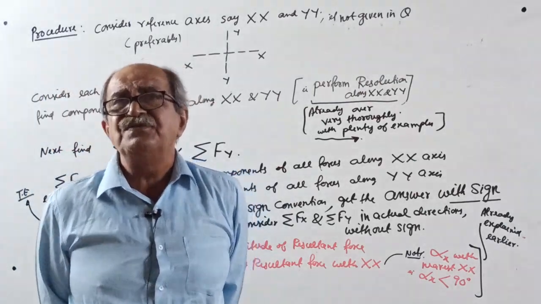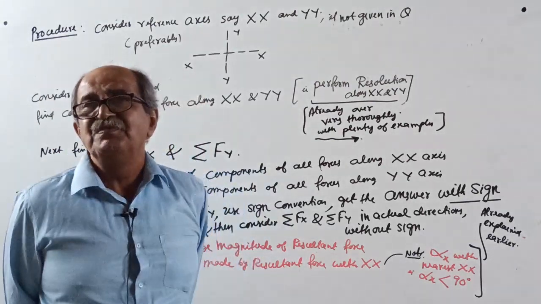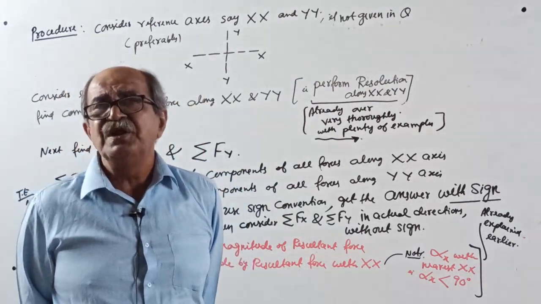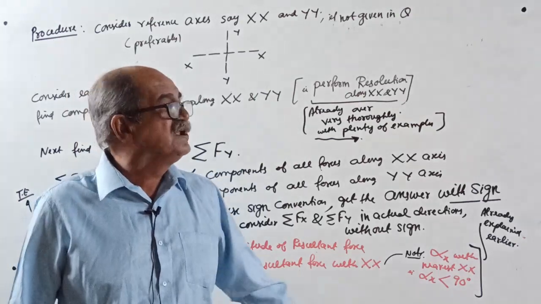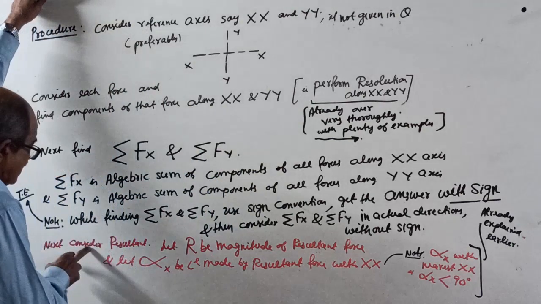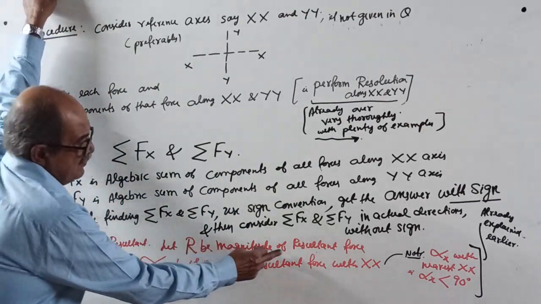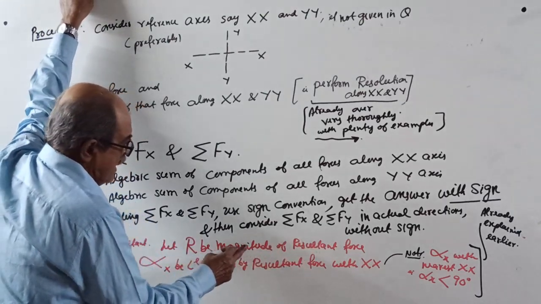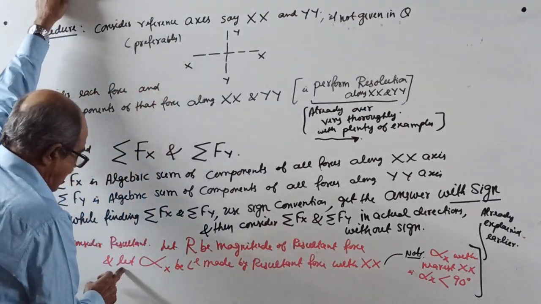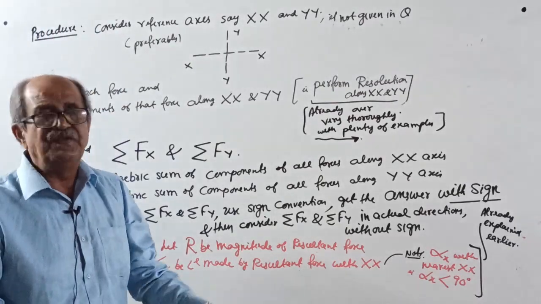Because in my first question, I always see that sigma Fx, sigma Fy both are negative. See, usually confusion comes when negative comes. So first question, I see that both are negative. Okay. Then next consider resultant, that is resultant force. Let R be magnitude of resultant force, and alpha x, I told, angle you consider with x, you can consider, don't consider with y.